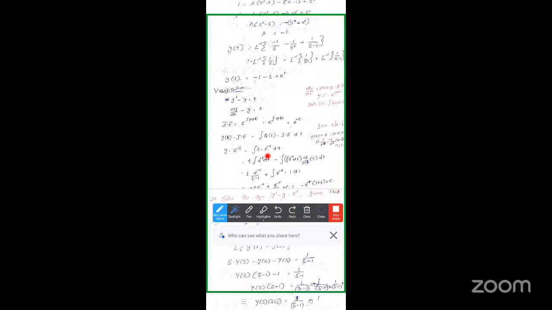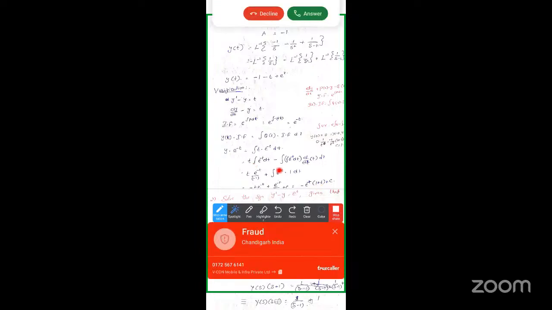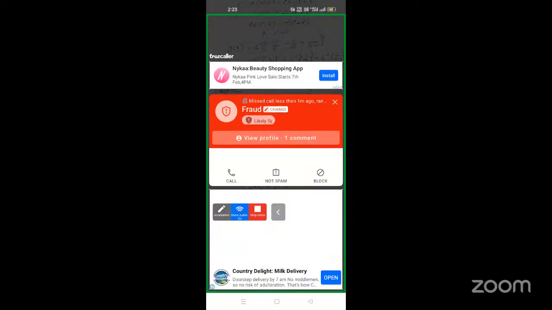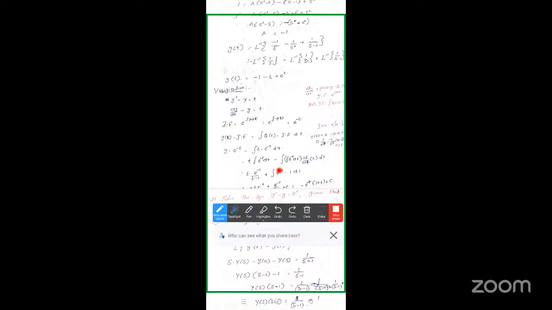Here we can do integration by parts, the UV method. So integration by parts gives minus e power minus t into 1 plus t, plus c. So this is the solution.